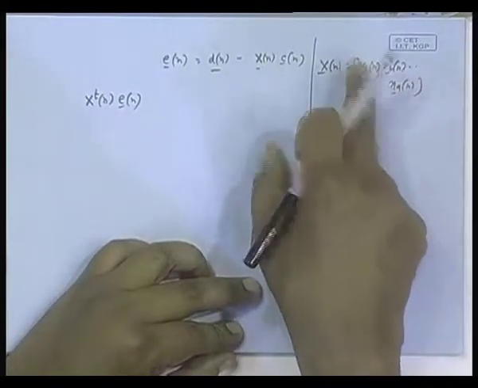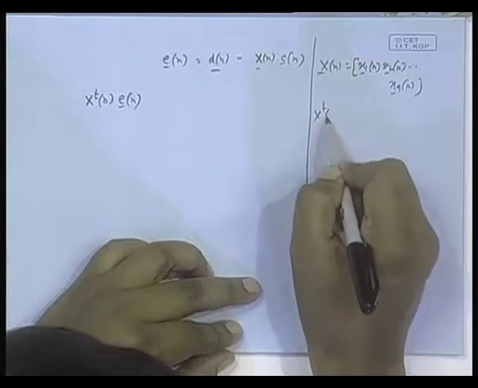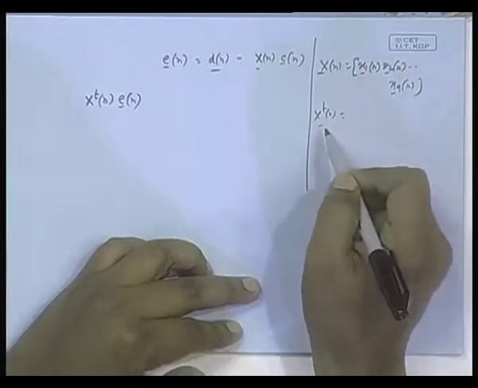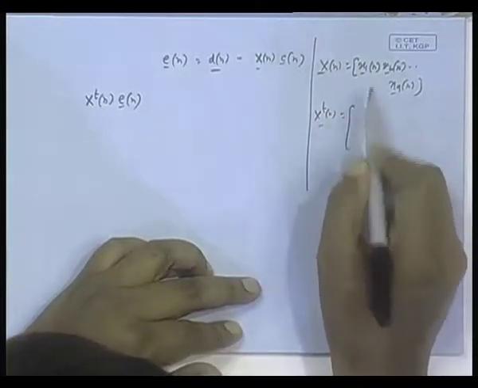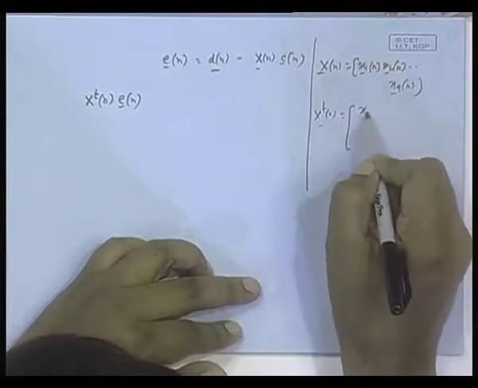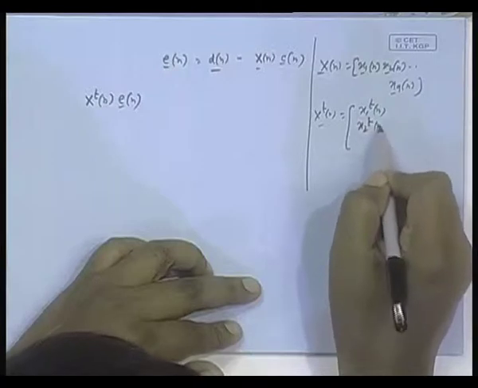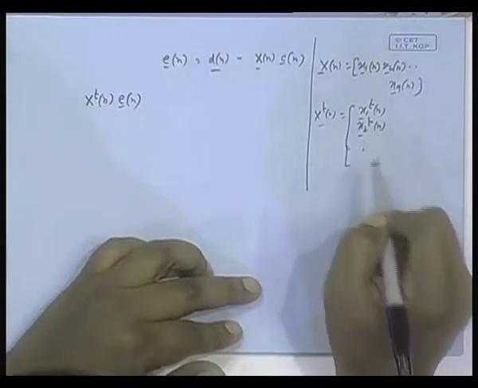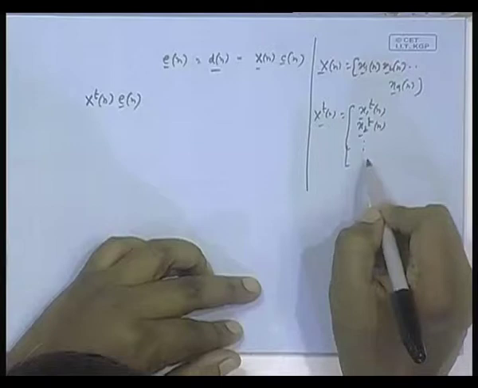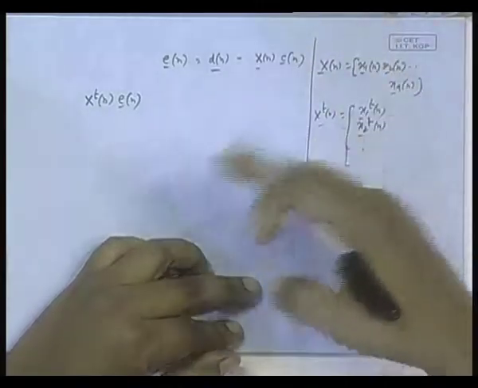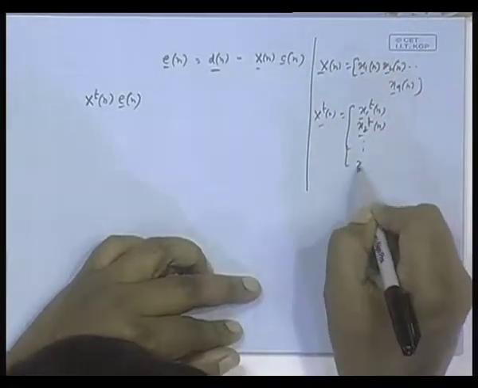Now, x transpose means just they become rows. This column will become a row, so it will become x1 transpose n. Second column will become second row, x2 transpose n. These are pretty simple things, right? You can visualize it easily. First column becomes first row, second column becomes second row, last column becomes last row.